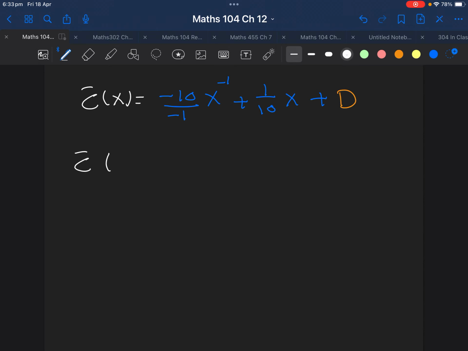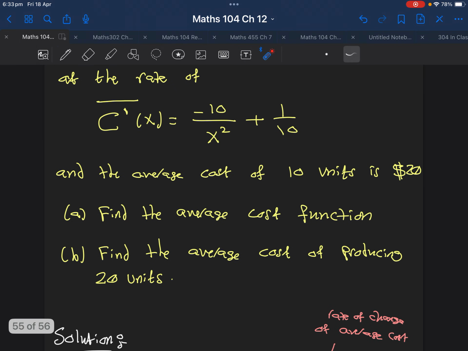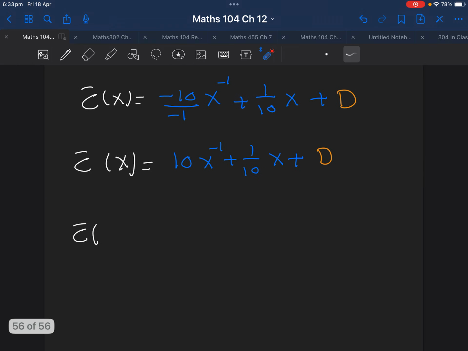So what is C bar of x? It will be just 10 x to the negative 1 plus 1 over 10 x plus this constant d. Now remember, in the question I have, it says that the average cost of 10 units, so if x is 10, the answer should be 20.